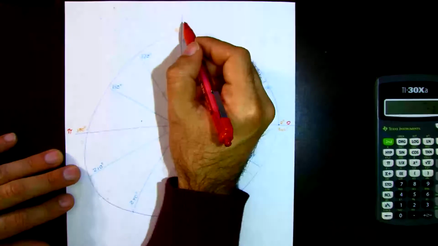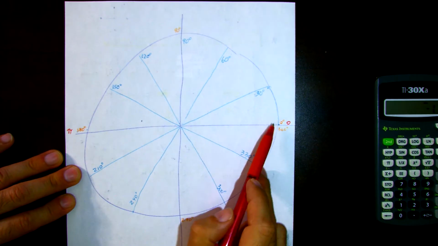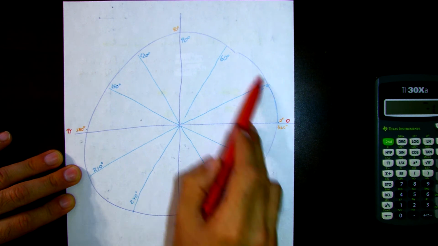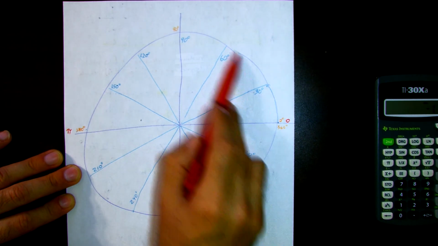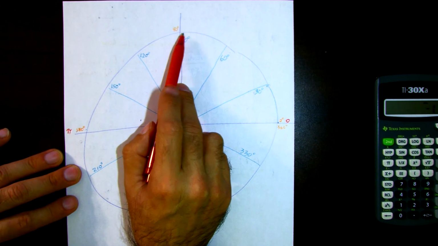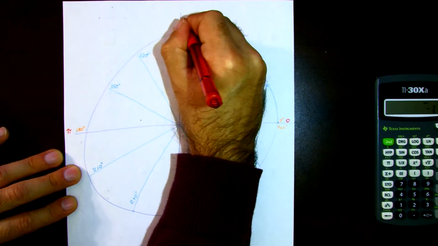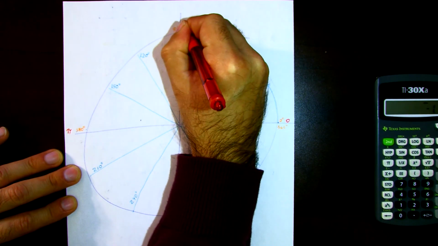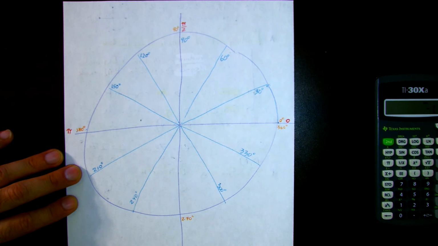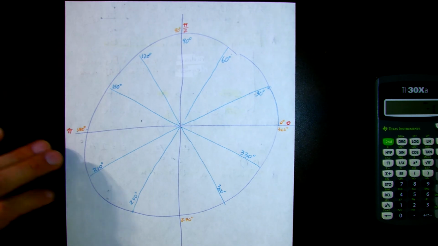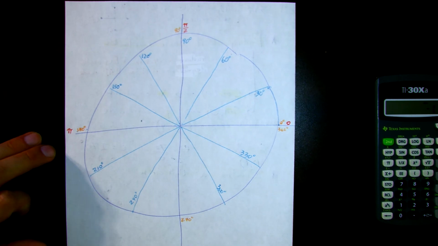Pi divided by what? Show me on your fingers. If all the way here is pi, we rotate pi radians. How about if I just go halfway? Pi over 2. You see? It's just halfway there.